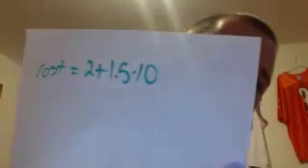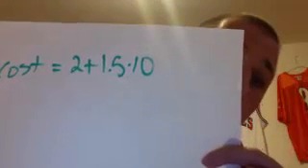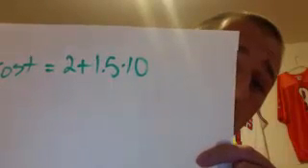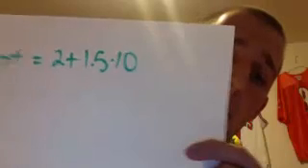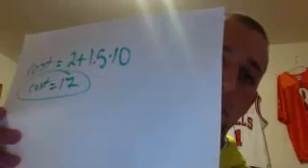So cost equals 2 plus 1.5 times 10. There we go. So I'm plugging in 10 for x. Then I am going to simplify. 1.5 times 10 is 15. 15 plus 2 is 17. Okay, so the cost of a 10-mile ride would be $17.